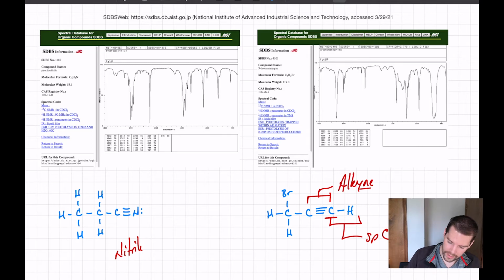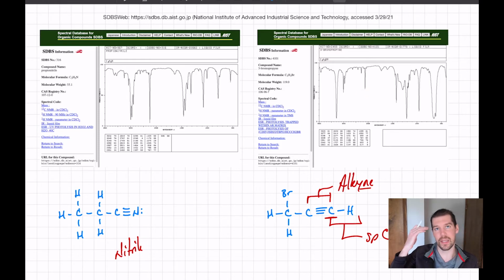And what I really wanted to highlight, see how low this one comes down and see how low this one comes down? Our nitrile is substantially stronger than our alkyne. And so that is a reflection of the difference in the polarity of those bonds. Again, a more polar bond will show a stronger peak than a less polar bond over here for our alkyne.